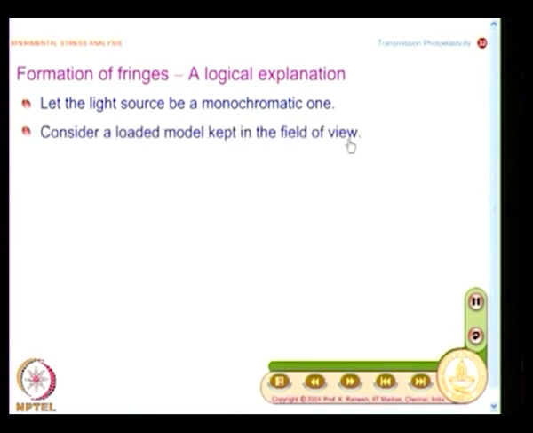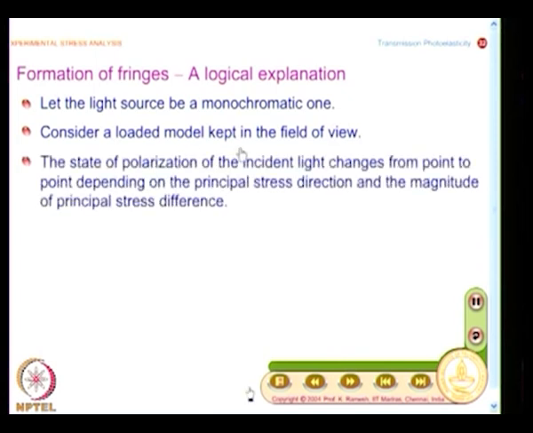And what I do is, I have a model which is loaded, which is kept in the field of view. And what do you anticipate? Because the model is loaded, the state of polarization of the incident light changes from point to point depending on the principal stress direction and the magnitude of principal stress difference.